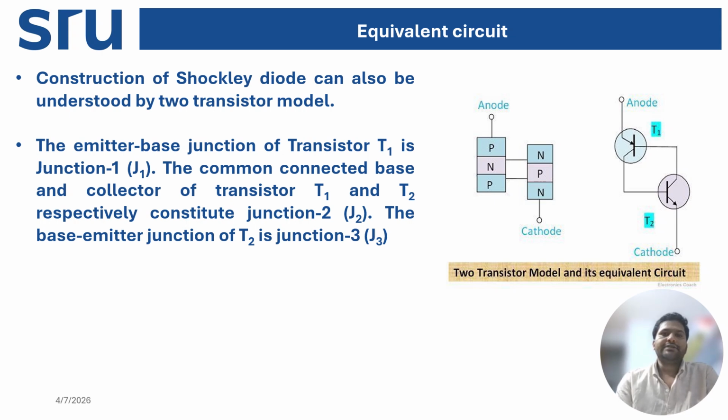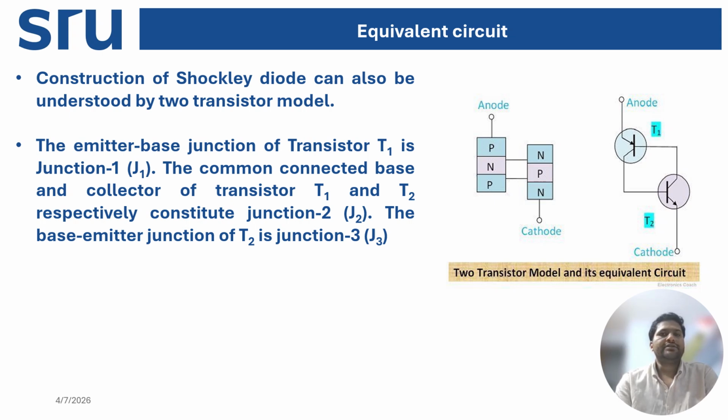One is a PNP transistor T1 and the other is an NPN transistor T2. These transistors are connected in such a way that the collector of one transistor is connected to the base of the other transistor. So this creates a feedback loop inside the device.